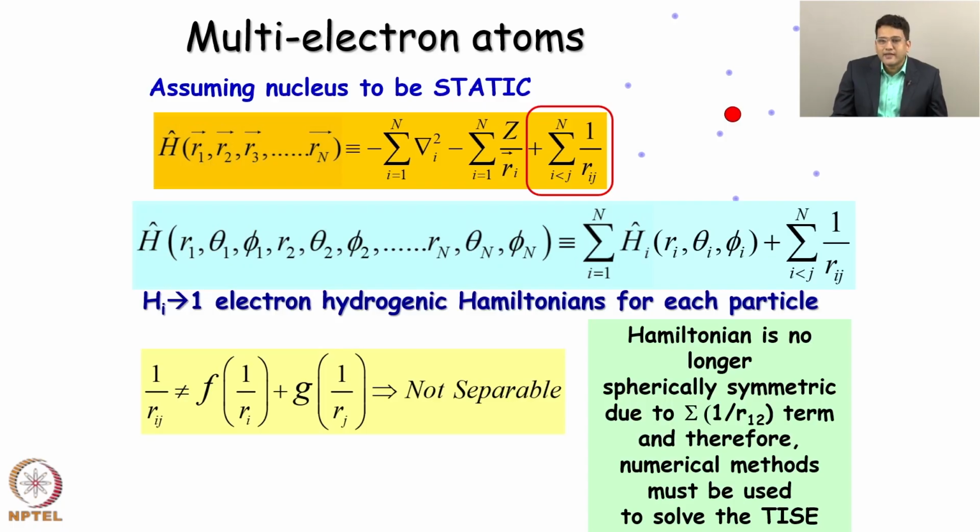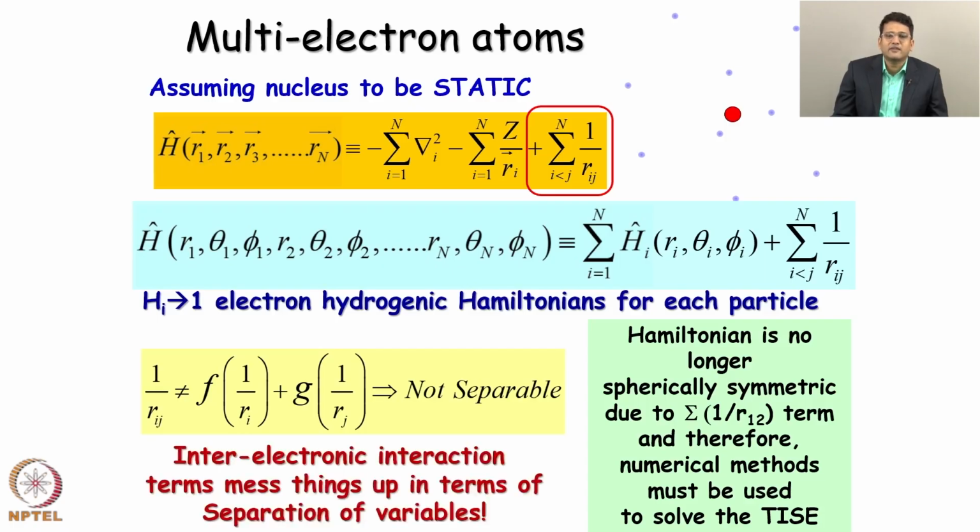Therefore, it is necessary to use numerical methods to solve the time independent Schrodinger equation. If this R12 term was not there, I could have solved it analytically like the hydrogen atom problem, but because of the presence of this term, I cannot solve it analytically. I need to go for numerical methods, and the inter-electron repulsion term is going to bring out the complications in every quantum mechanical problem for atoms and molecules.